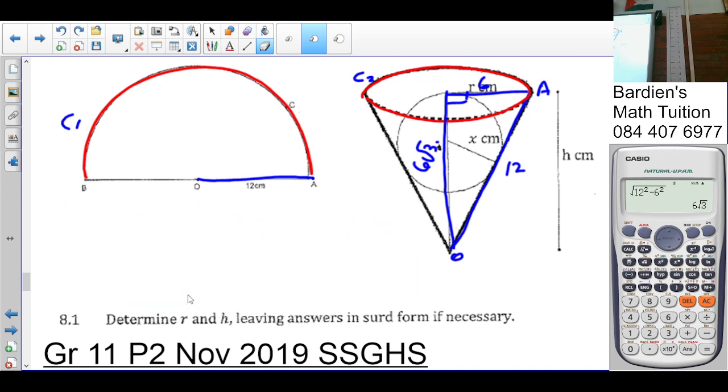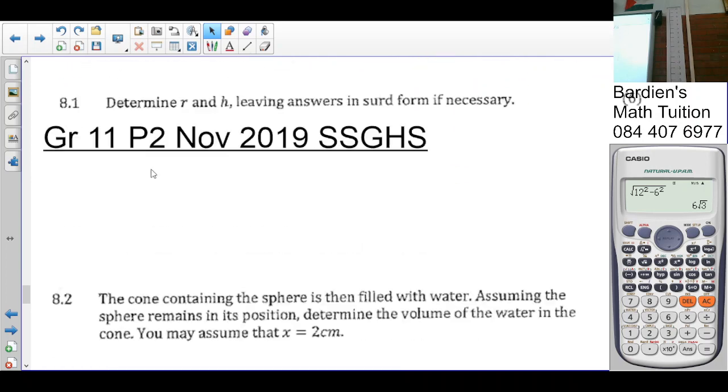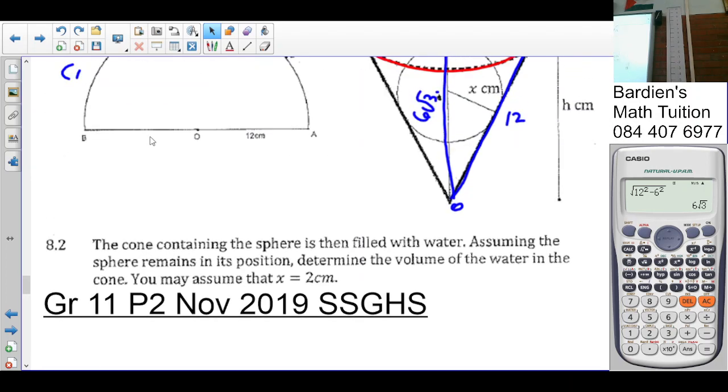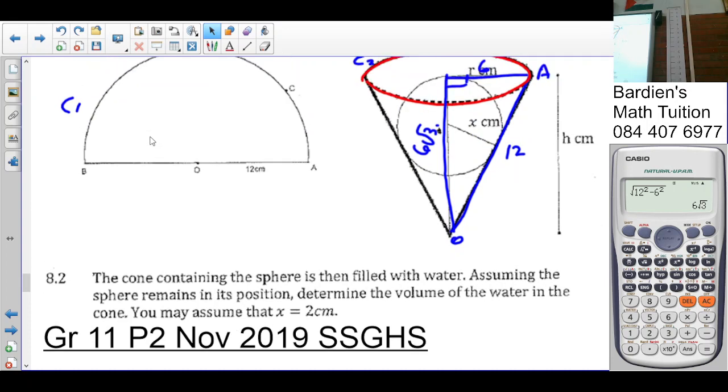Right. So let's look at the next question. The next question says, in 8.2, the cone containing the sphere is filled with water. Assume that the sphere remains in the position.